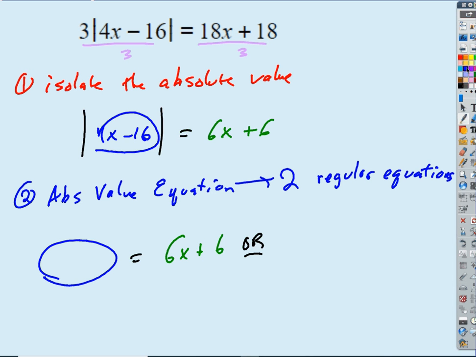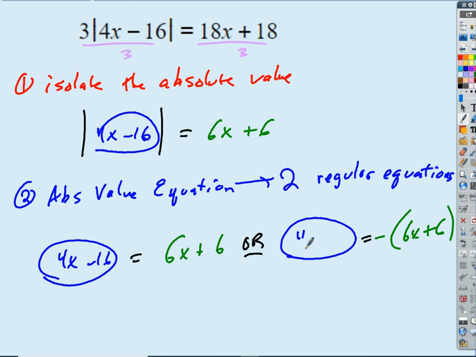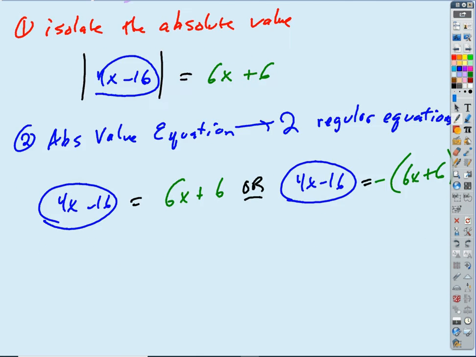Or whatever's inside is going to equal negative the whole answer, right? So I'll have negative the quantity 6x plus 6. And then I would just solve both of those equations. Well, that's just a 4x minus 16. So I just have to solve those two simple equations, right?